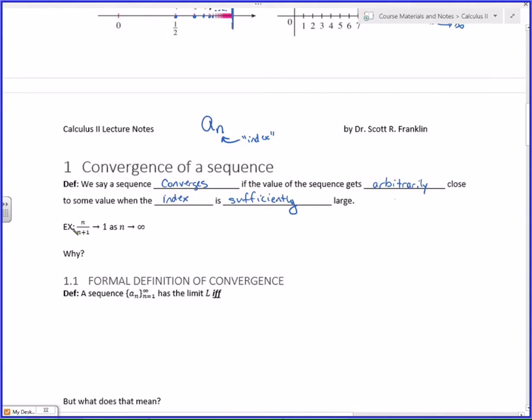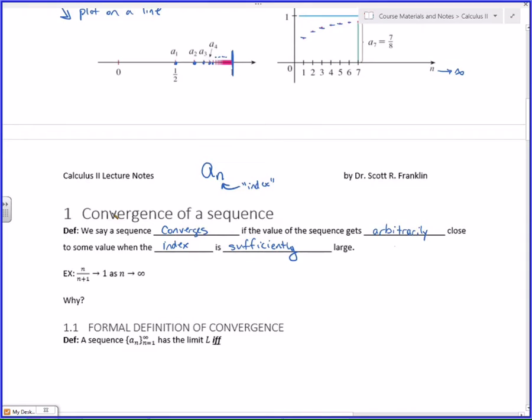So let's think about what that means in looking at this. Now, we made the claim on those pictures above that the value of the sequence was getting close to 1 as n went to infinity. Why is it the case that this is getting close to 1? Well, let me say it this way. Why?